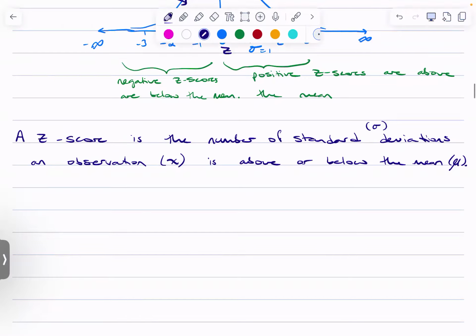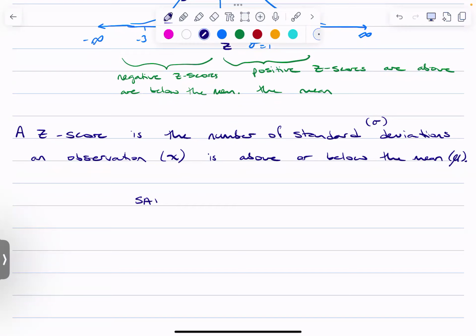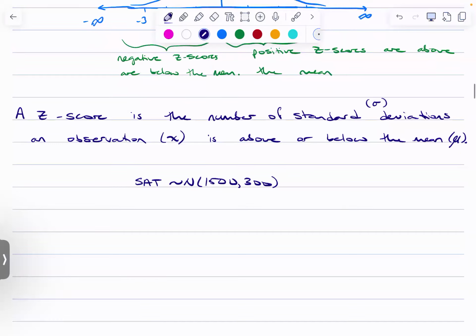So we know that SAT scores follow a normal distribution centered on 1500 with a standard deviation of 300. What if we said, find the z-score of the mean?